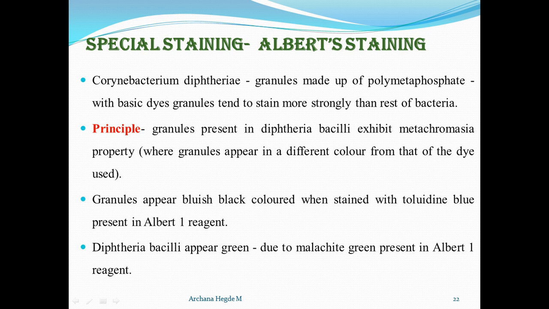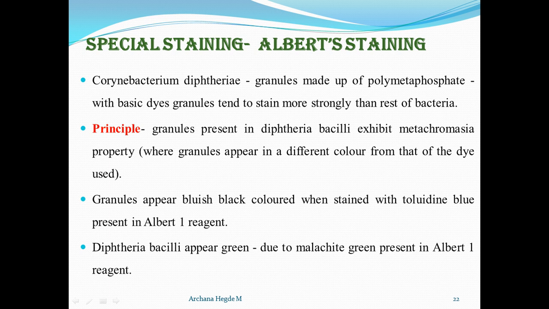Coming to the special stain, this is the main important staining, Albert staining. Corynebacterium diphtheriae granules are made up of polymetaphosphate, which with basic dye tend to stain more strongly than the rest of the bacteria.